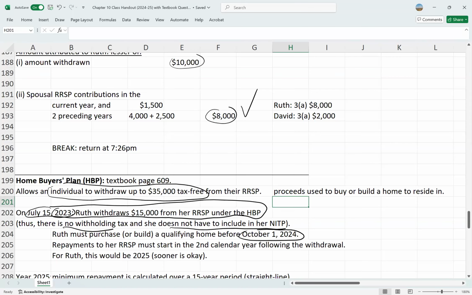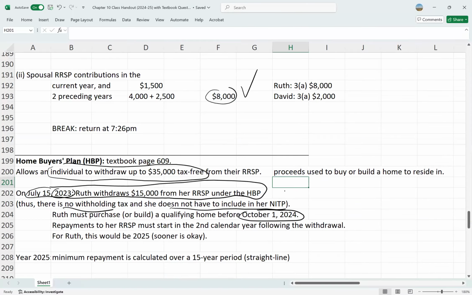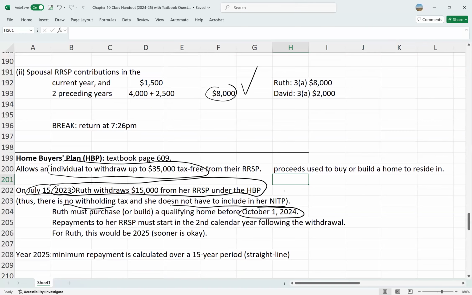Now, the money that is taken out of the RSP must be repaid, starting in the second calendar year. So if the withdrawal was made in 2023, 2024 would be the first calendar year. In 2025, the repayments would have to start, but she could start paying it back sooner if she wanted to.